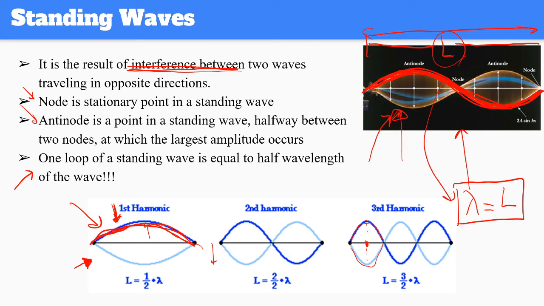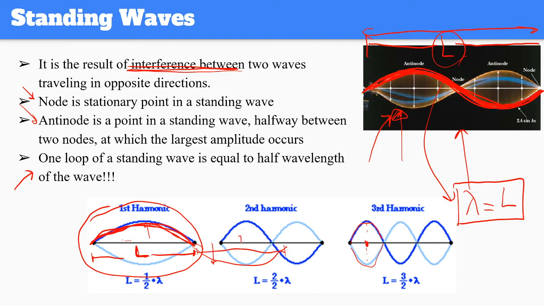So if this distance is L, then I can say my half wavelength, because this is not the complete wave yet. This is half of the wave. I also need another half. So the entire length of the wave is going to be basically 2L.